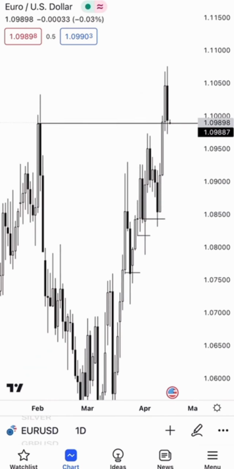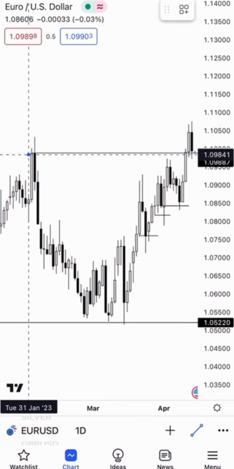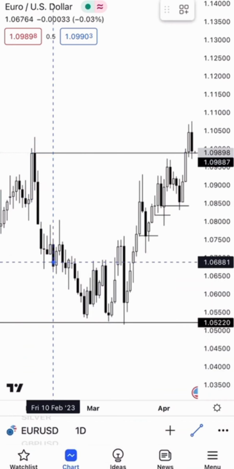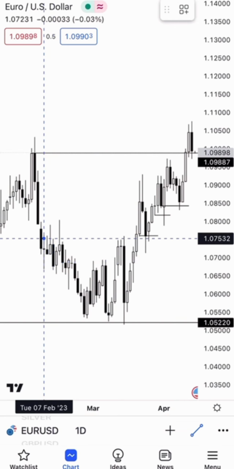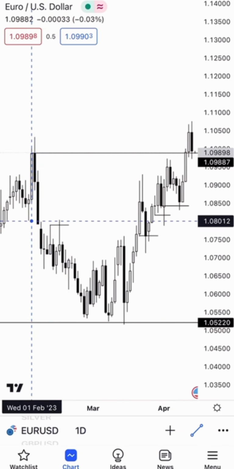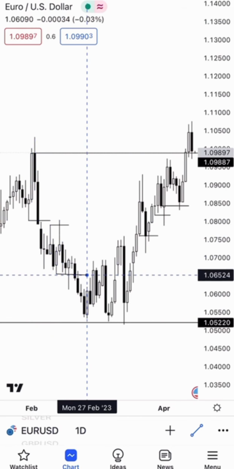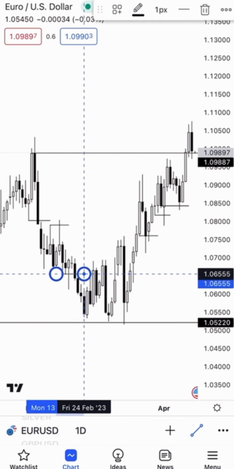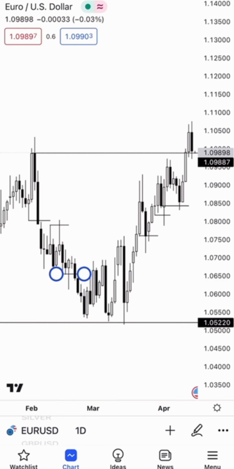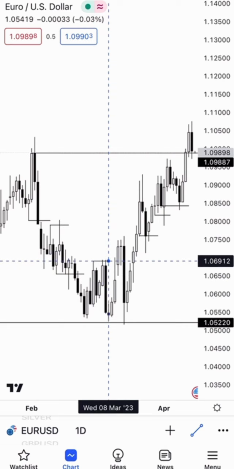The opposite over here: in a bearish market, a downtrend, bearish order flow, whatever you want to call it, you get highs rejected, lows broken.